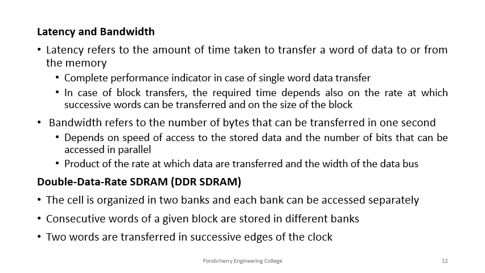So it's actually the product of the rate at which the data are transferred and how many such bits of data can be transferred simultaneously. So these two parameters serve as performance indicators for the memory access speed.